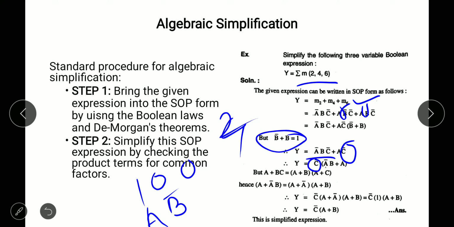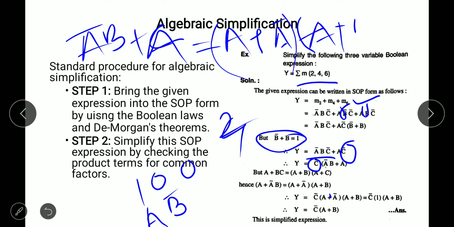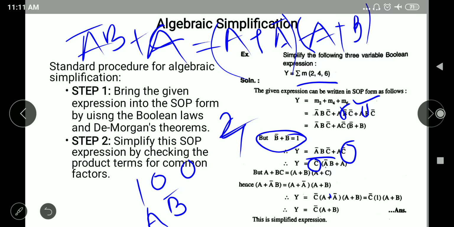A bar B plus A. And you know that A plus BC is equal to A plus B and A plus C. Then how can we write A bar B plus A? That is A plus A bar in a bracket, second bracket A plus B. This is nothing but the simplification for that.